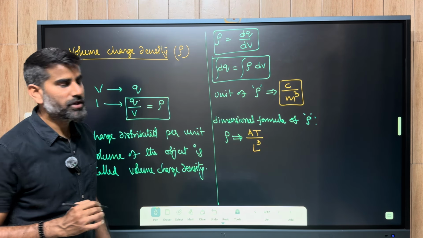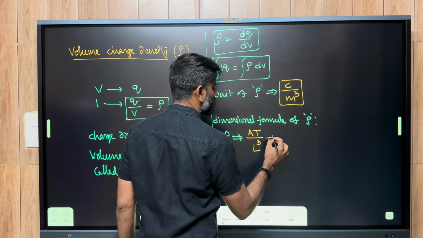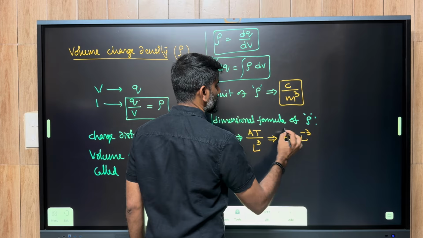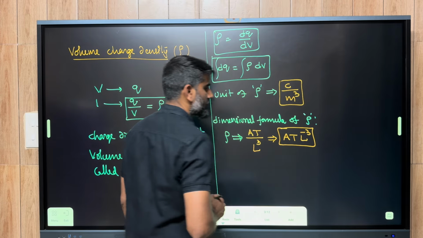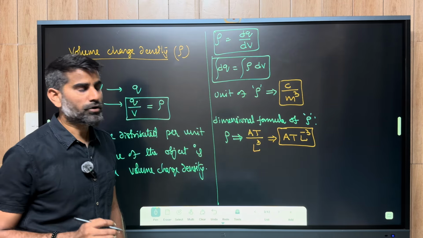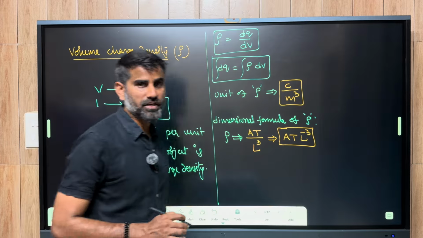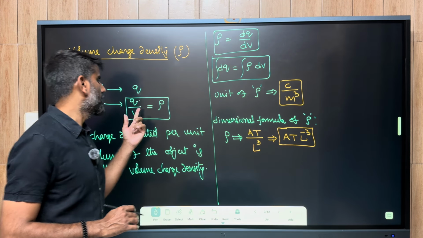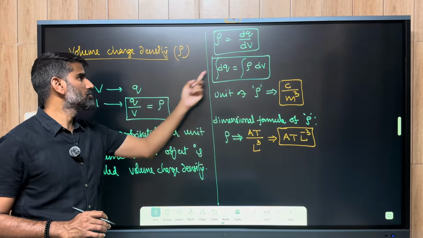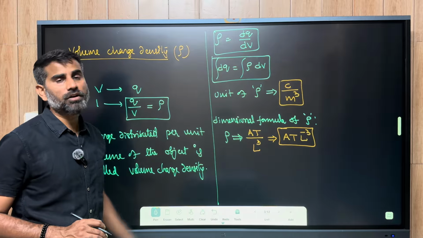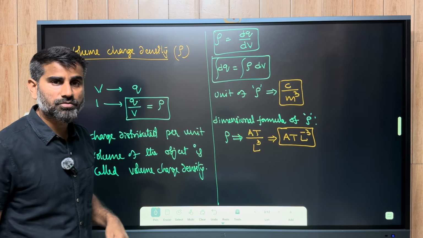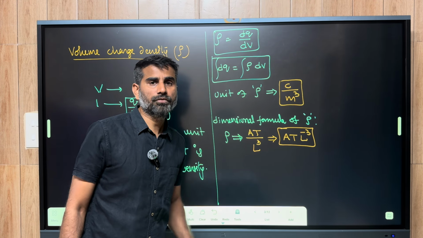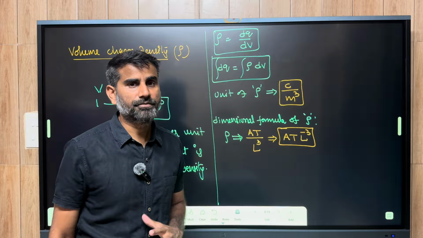If I rewrite this ratio, it is A T L minus 3. This will be our dimensional formula of volume charge density. So we have obtained the general form and calculus form of the formula, defined volume charge density, and defined its units and dimensional formula as well.